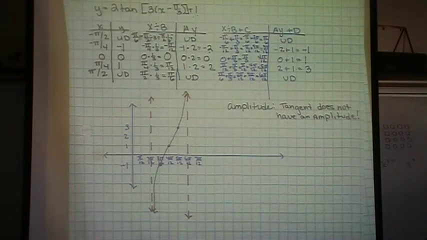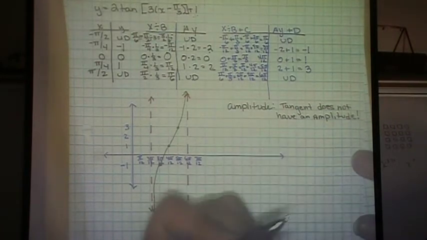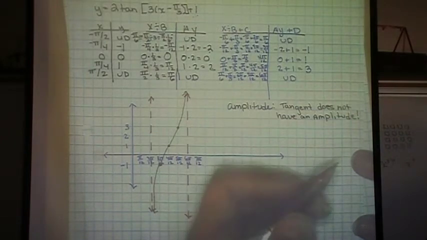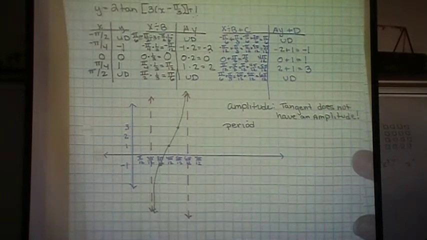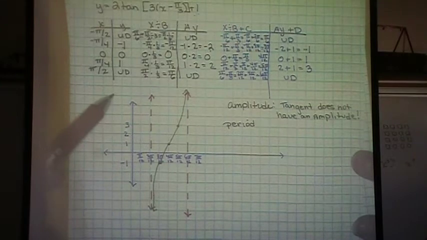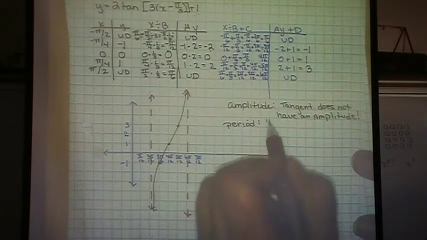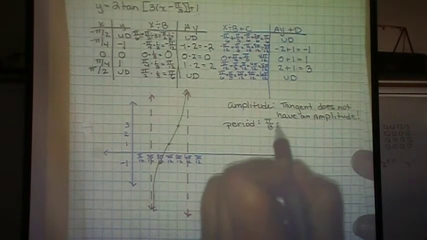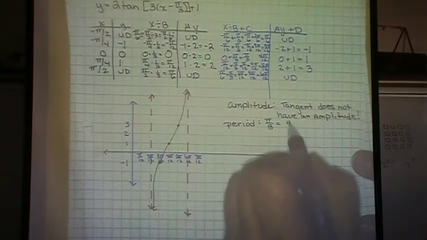Please don't give it one. So amplitude for tangent does not exist. The period. Because we didn't go all the way around the circle, we only went halfway around it. The period for tangent is pi. So to calculate our period, we take pi divided by b. Well, in this case, b was 3, so it's pi over 3.